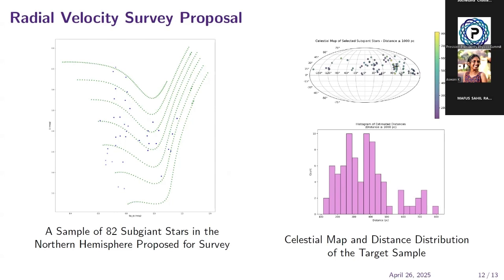After removing the possible binaries, and as we can only get time in 1 to 2 meter telescopes like PARAS and Tautenburg Landessternwarte, we limit it to 11.5 magnitude at minimum brightness. This is the rough distribution, and this is only for the northern sky. The sample for the southern sky is still in development.